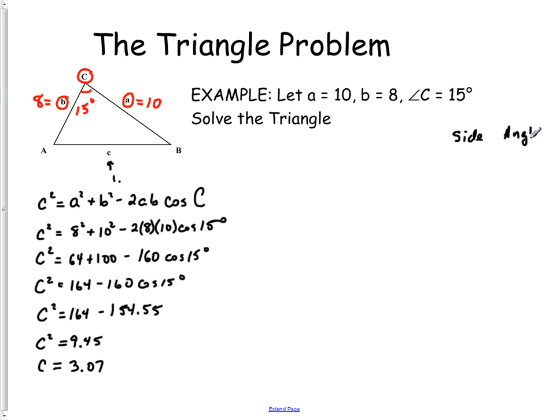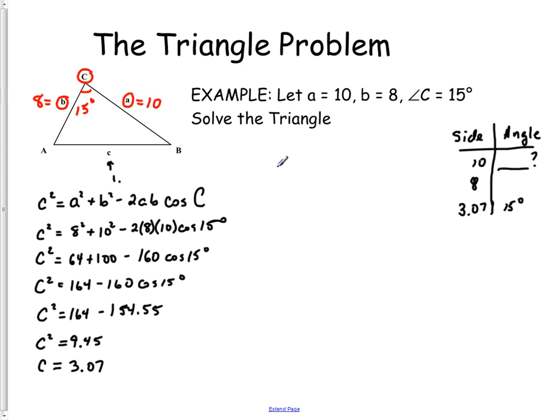we now have all three sides of this triangle: side A with a length of 10, side B with a length of 8, and now side C with a length of 3.07. We know that C is 15 degrees, so the next thing we should find is the largest angle.